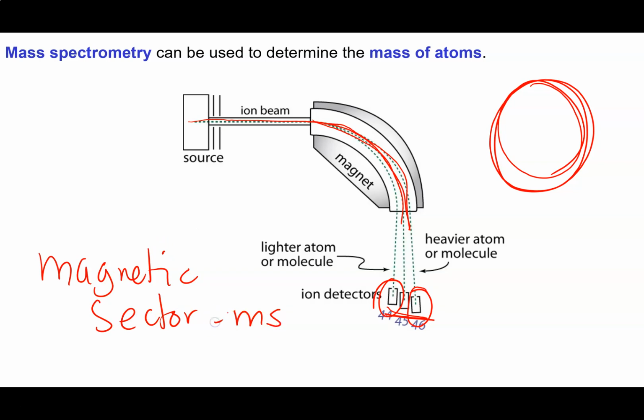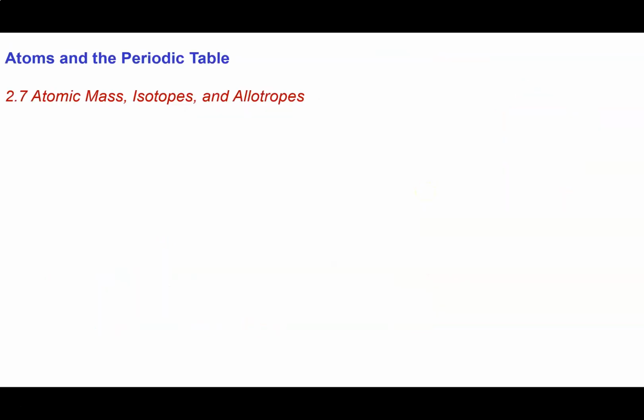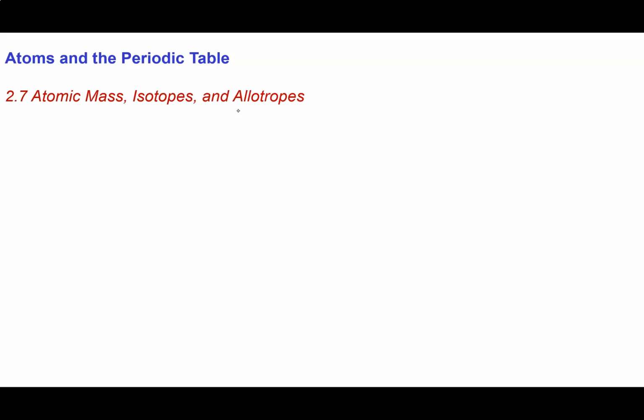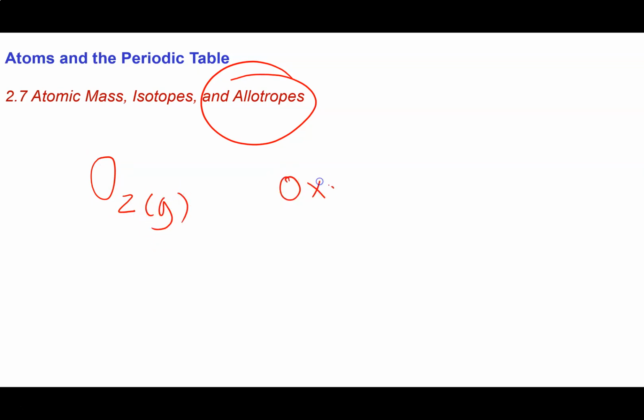mass spectrometry. So we really only have one thing left to talk about in this chapter, and that's the concept of an allotrope. And an allotrope is a form of an element that is not commonly found. So commonly, oxygen is found as diatomic molecules, and we just call this oxygen, or sometimes we will call it dioxygen.